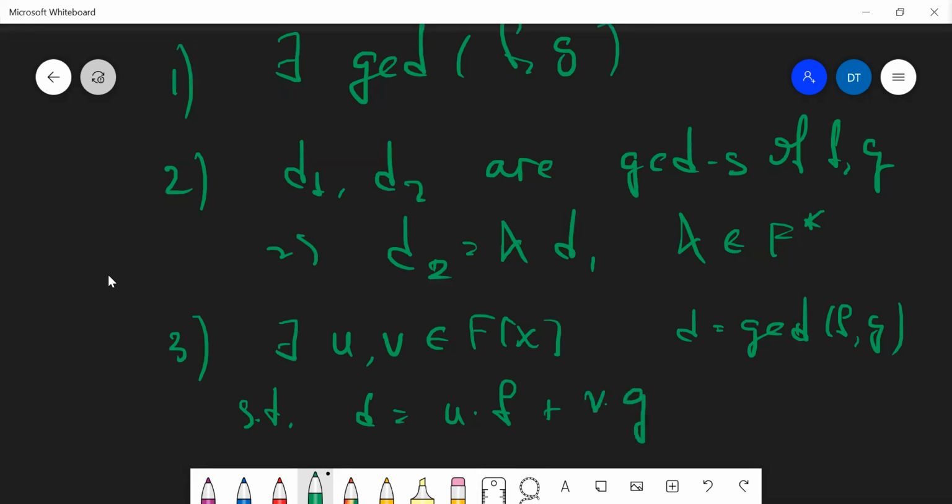So you may represent any greatest common divisor as a sum uf plus vg, where u and v are some polynomial coefficients.